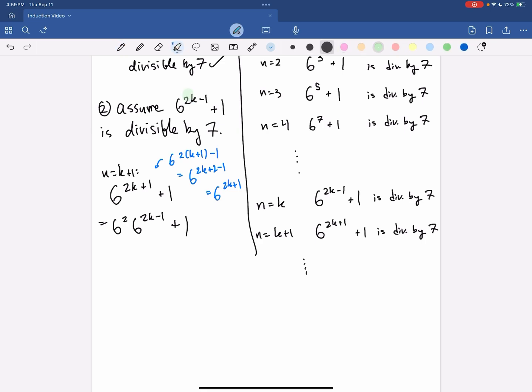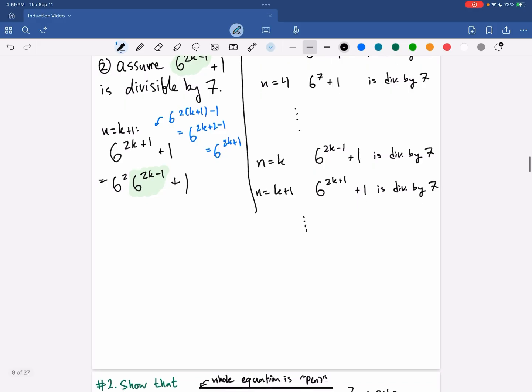And we have 6 to the 2k minus 1 here, so that's good. We almost have what our assumption is. So let's keep making that show up by doing that little trick where we have 6 to the 2k minus 1, and we go plus 1 minus 1 within the bracket.